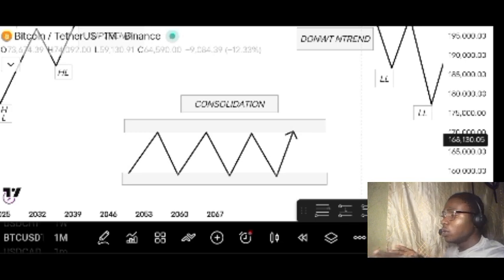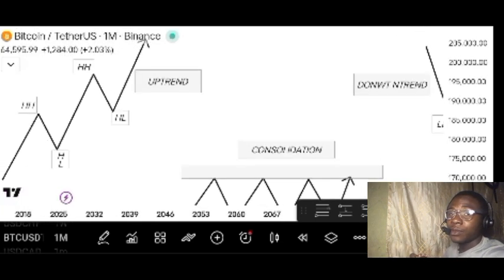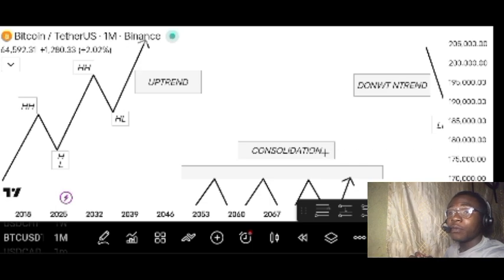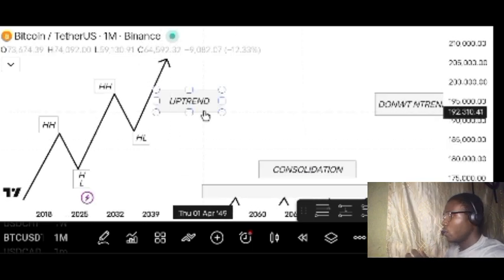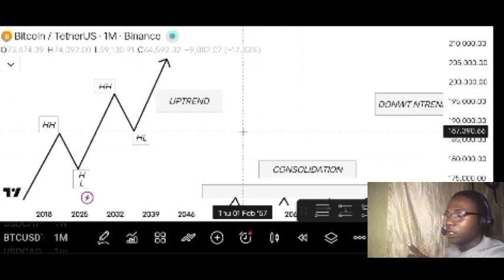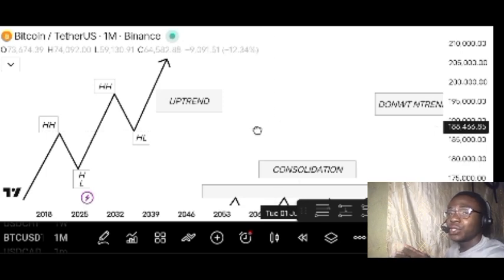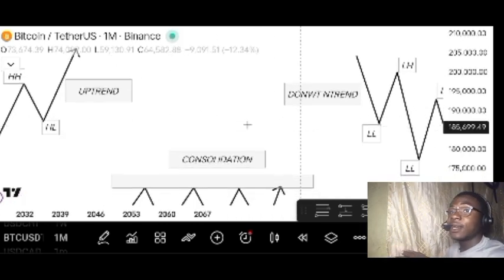So many traders love to press the buy and sell buttons, and that costs them a lot of money. To become a professional trader or as a beginner trader, you must master this market structure. This is the foundation of the market. It's the DNA of the market.